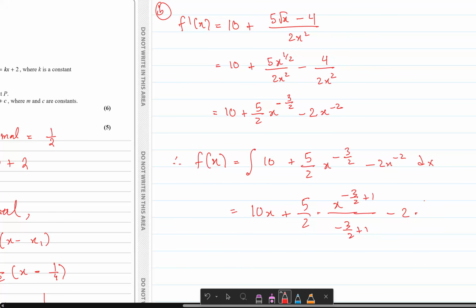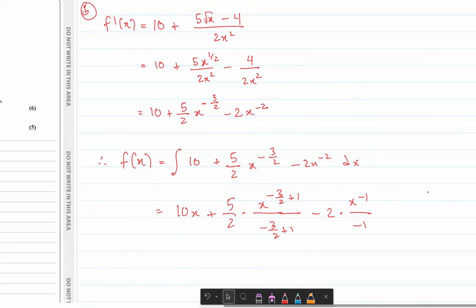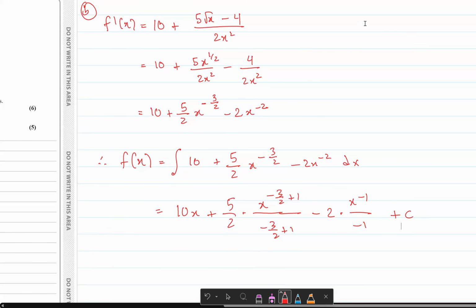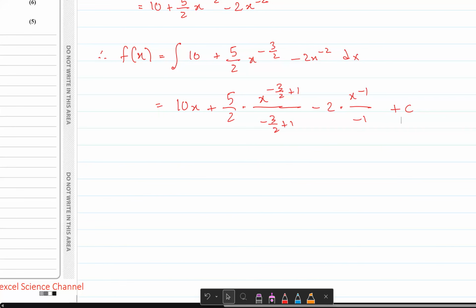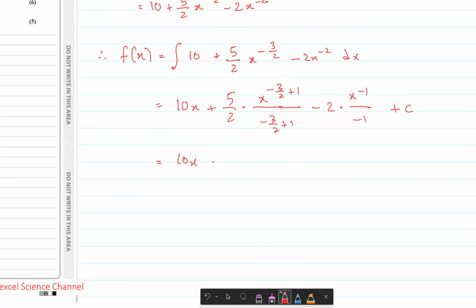This will become x to the power minus 1 divided by minus 1, and I have to consider an integration constant. So 10x minus 5 x to the power negative half, and positive 2x to the power minus 1 plus c. So that is the simplified version.